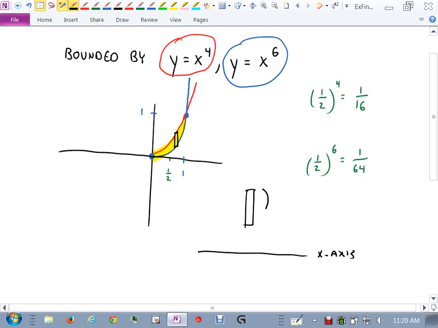The height here was what? What's the top one? It's x to the fourth, isn't it? And then the bottom one is x to the sixth. That's what's happening to my rectangle. So the distance here is x to the fourth minus x to the sixth.